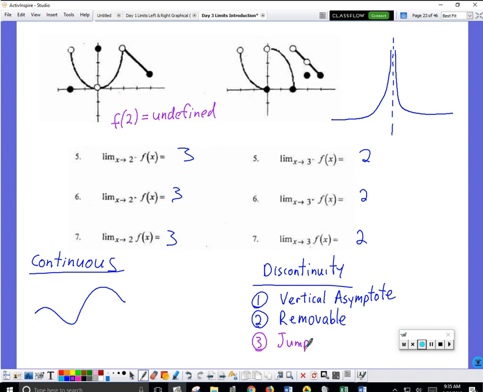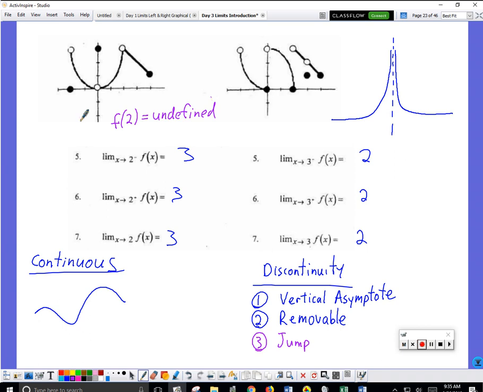Like here, these two are the same, but the value of the function is different. So the value is the middle. Left and right are always what's happening infinitesimally close to the middle, but not at the middle.